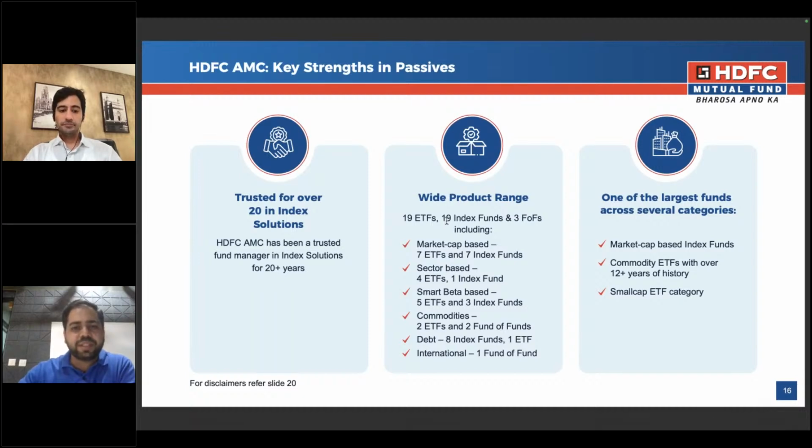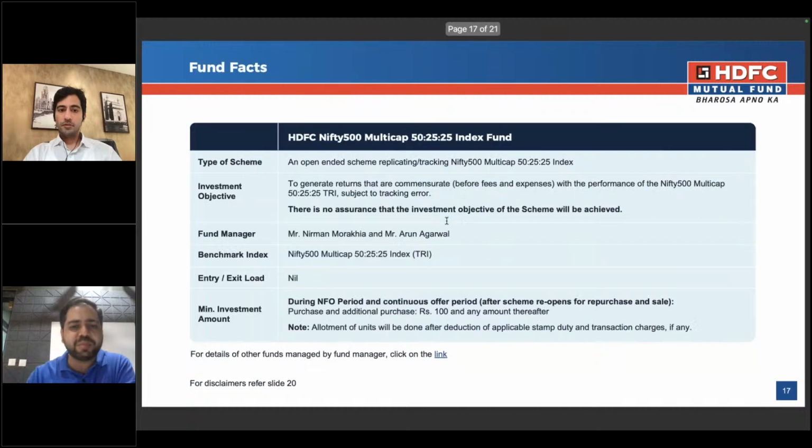Okay. Shikhar, one more thing, if you can go to the page with the basic information, because maximum queries were about the minimum amount, what would be the SIP amount? Yes. So the summary is simple: there is no entry and no exit load, which is helpful for investors. Second, your minimum investment amount is 100 rupees.